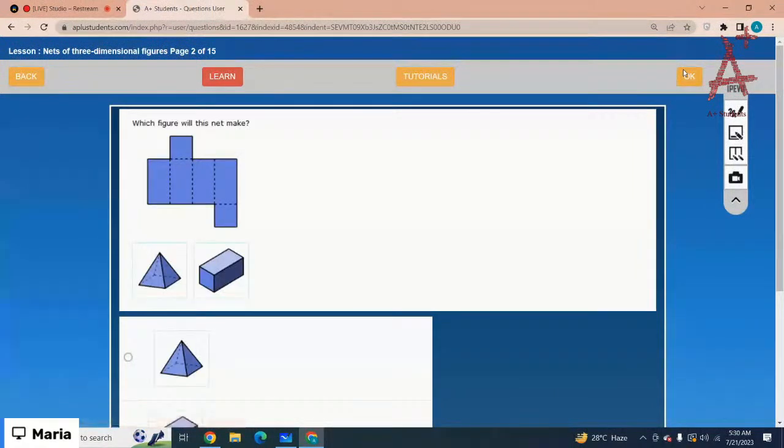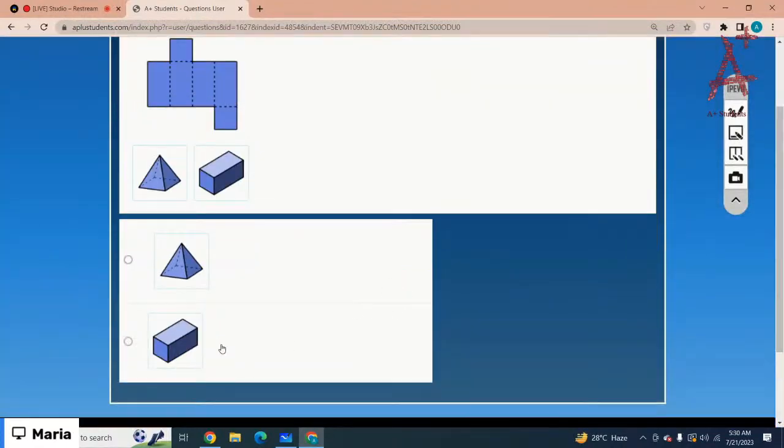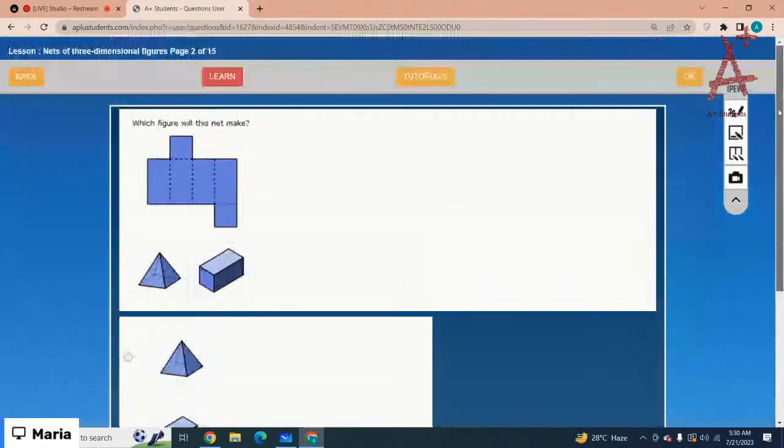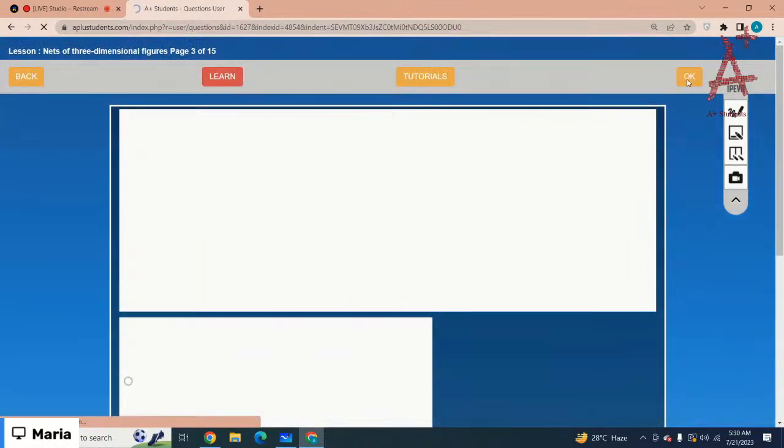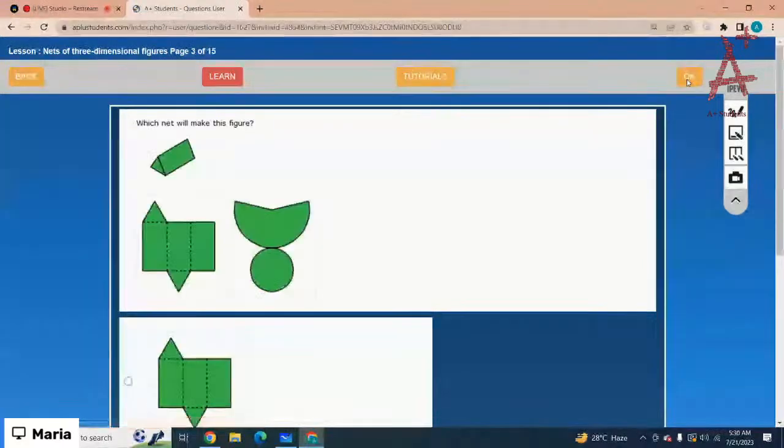Which figure will this net make? Which is the correct option? One or two? The correct option is two. If you fold the net, it will make the second figure. Which net will make this figure? Which is the correct option?